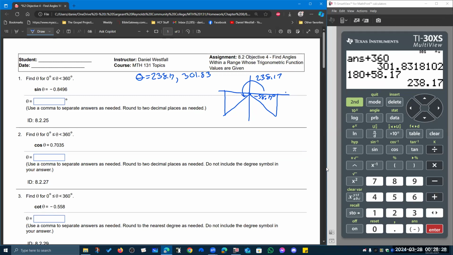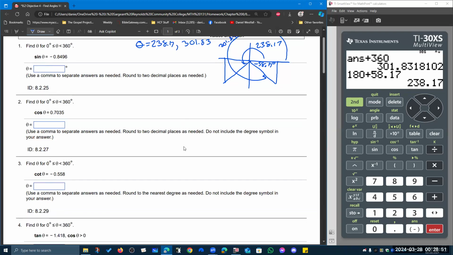This angle is going to give me 301.83. So there's my two answers. I don't think I have enough room to write them both in the box there.